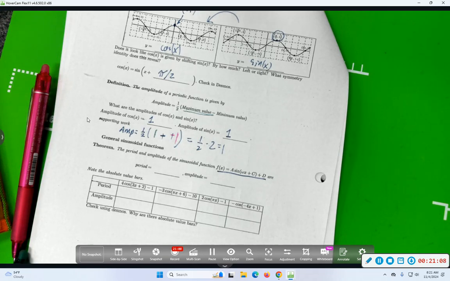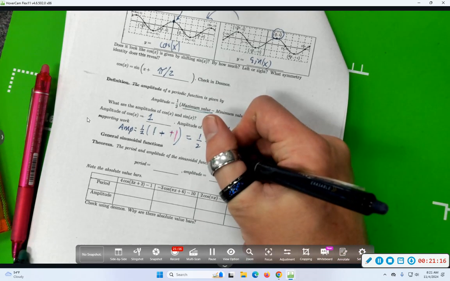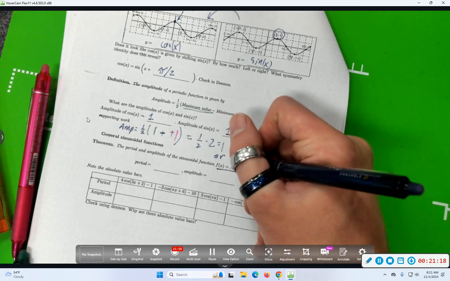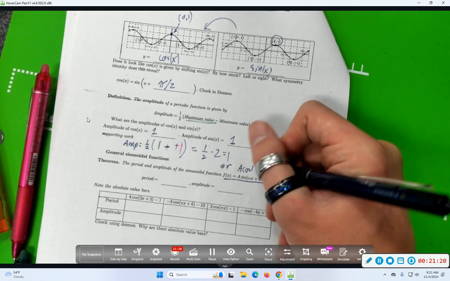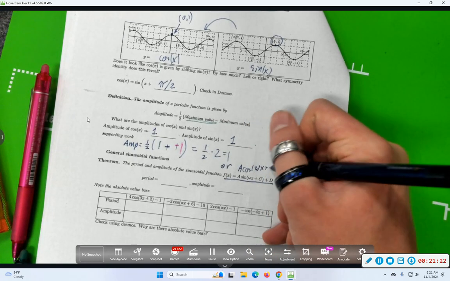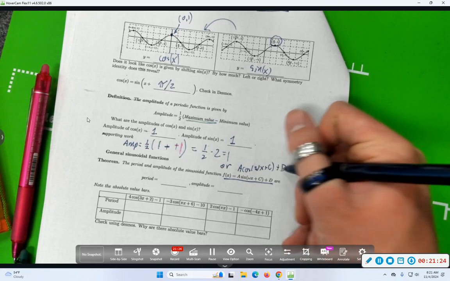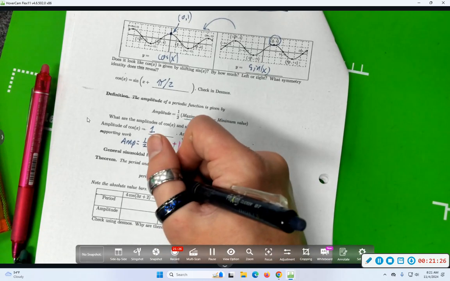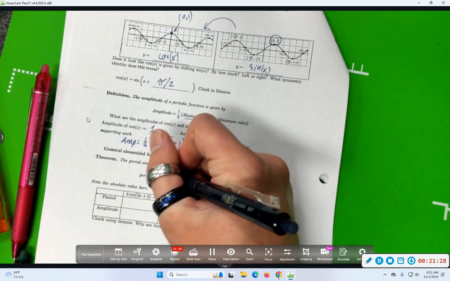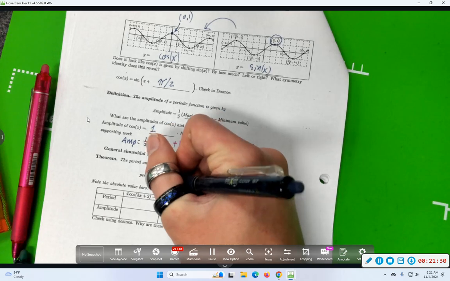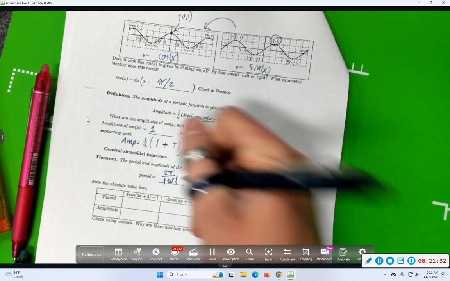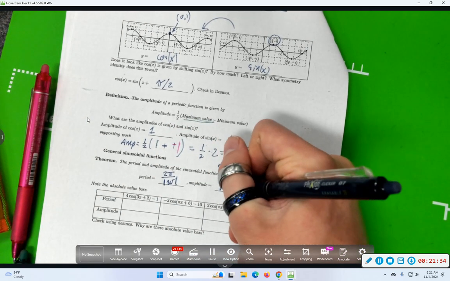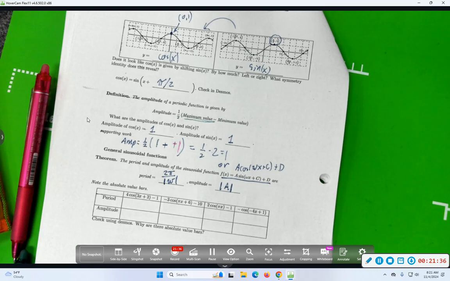If you have something that's the result of sine of x or cosine of x after some transformation, it turns out the period will be 2 pi divided by the absolute value of omega, and the amplitude is given by the absolute value of a.